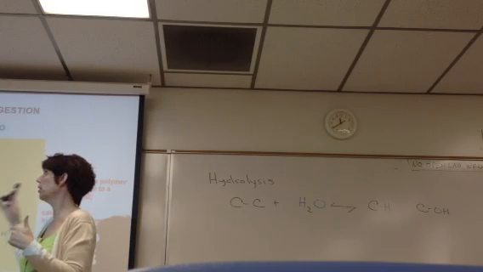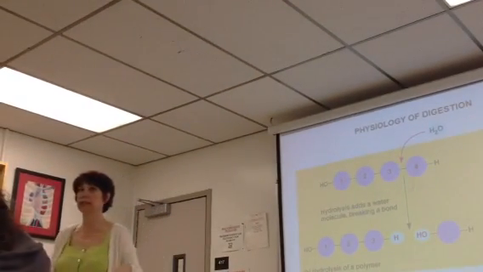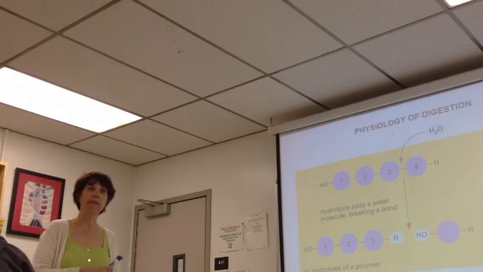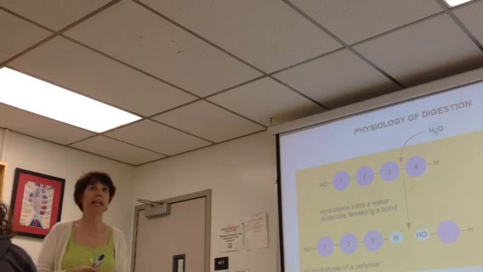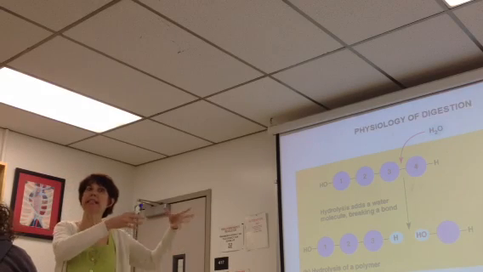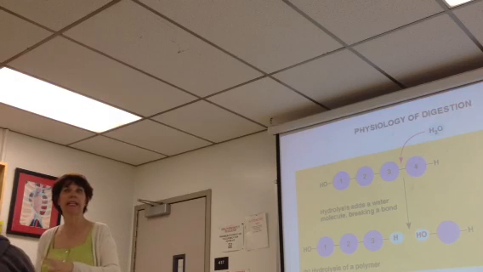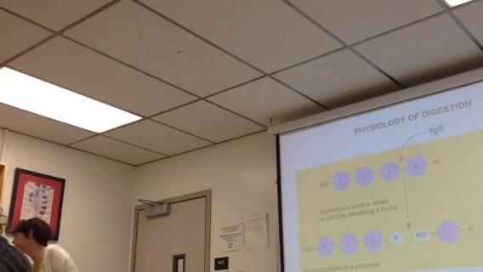And so we're going to look at, first of all, the basic chemistry of how starches are broken down to simple sugars. It's a two-step process, and the same is true for proteins. That's a two-step process. And then we'll look at what happens to triglycerides. When we're done with that, we'll take that process and see what happens in the mouth, the stomach and the small intestine, and the hormones that are involved in controlling that.